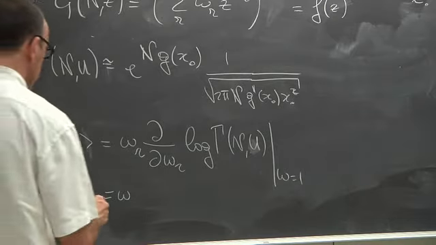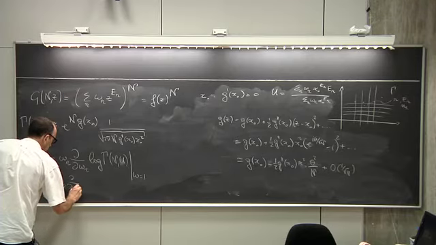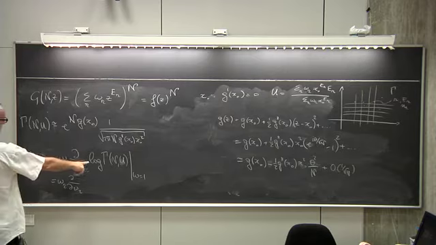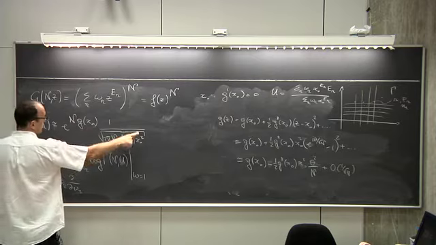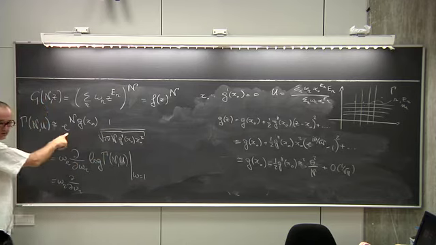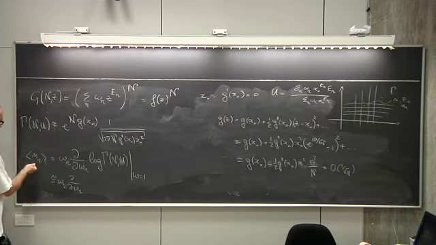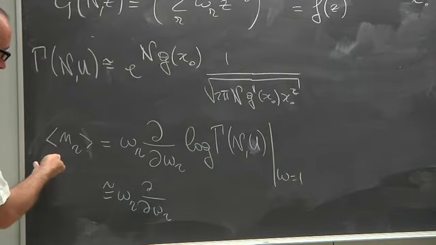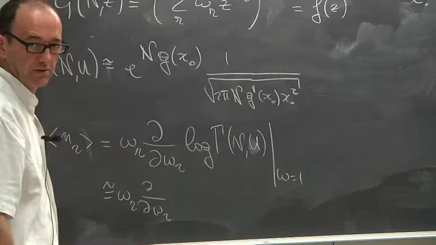Okay? So this is omega r times the derivative with respect to omega r of, now you see, the log of this is n times this g, and then there is the log of this other term, which is much smaller. So to all practical purposes, if I want to compute n of r divided by large n, then the log of this term will go away.